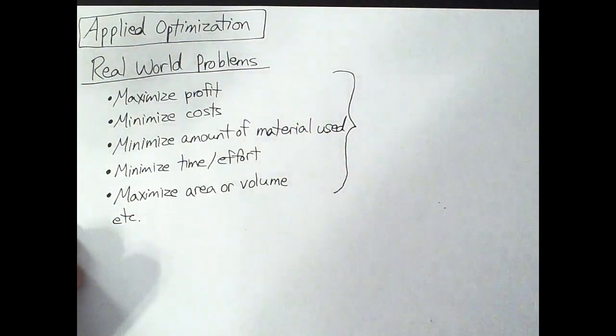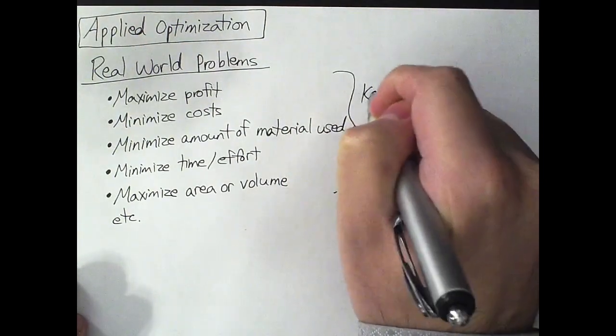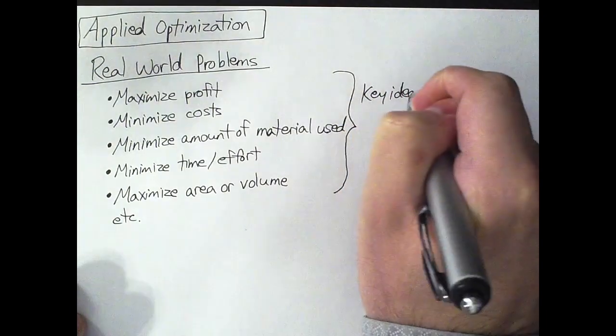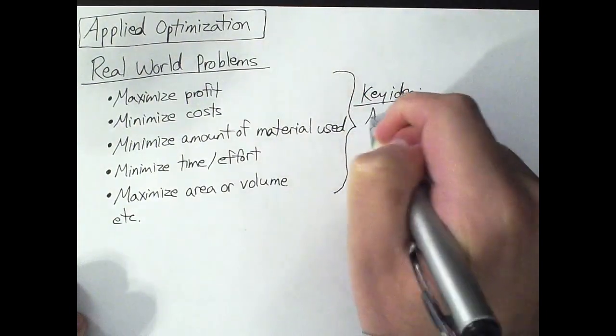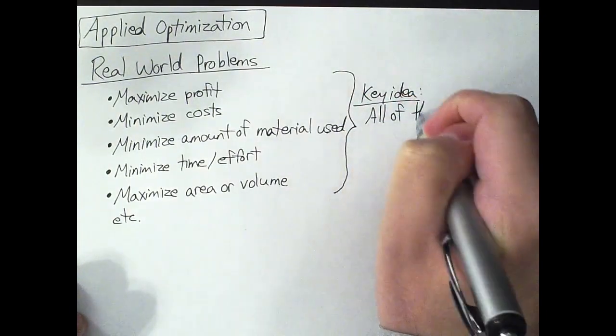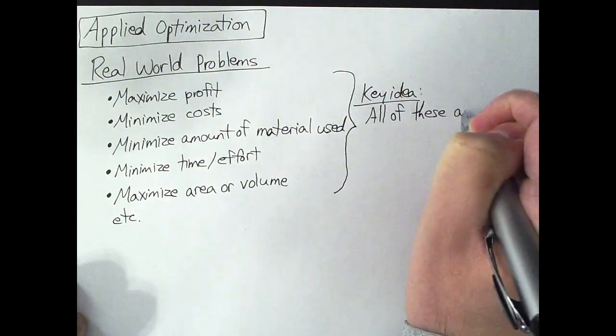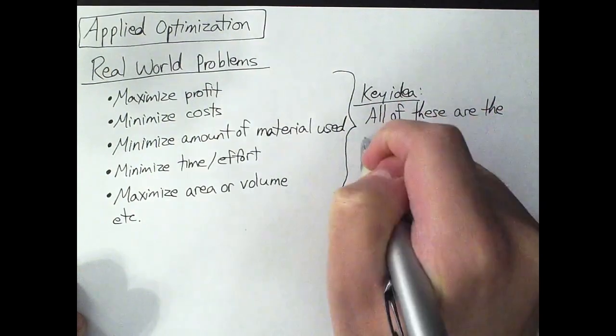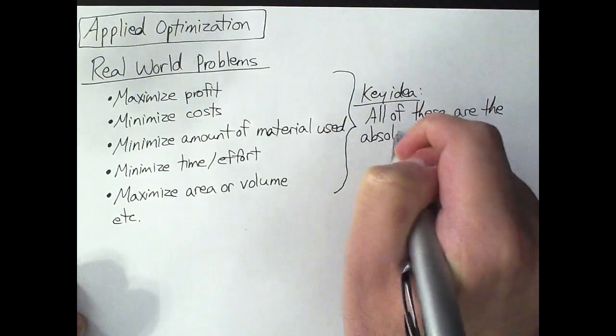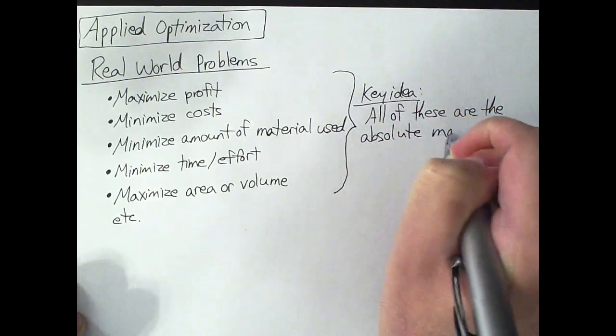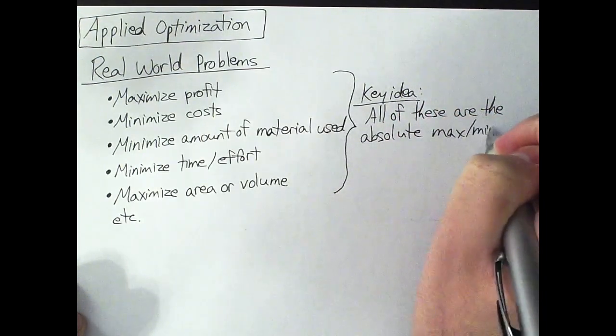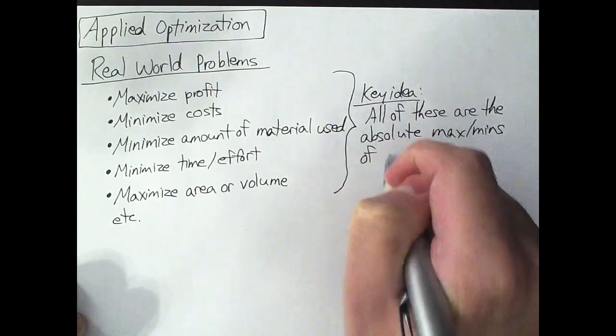And lately we've been talking about finding the maximum value of a function or the minimum value of a function. So a key idea is that all of these are the absolute max or mins of functions.